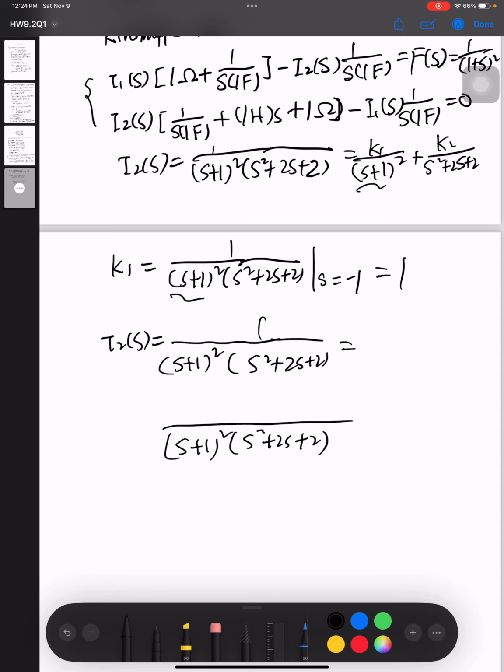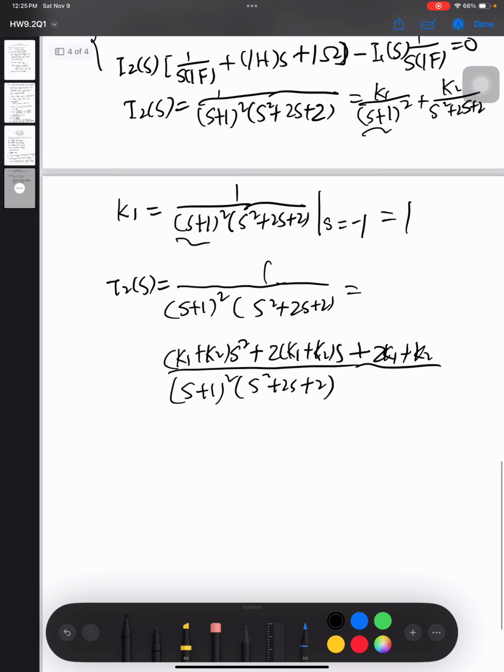We will get (k1 plus k2) s squared plus (2k1 plus k2) s plus 2k1 plus k2. The k1 we already know is 1, and after calculation we can get k2 equals minus 1.